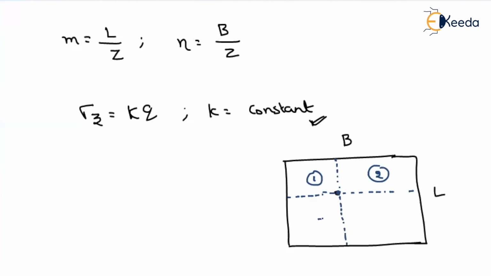Similarly, the third rectangle, and the fourth rectangle. For the first rectangle, the point is under one corner. For the second rectangle also, the point is under one corner. Even for 3 and 4, the point is at the corner.